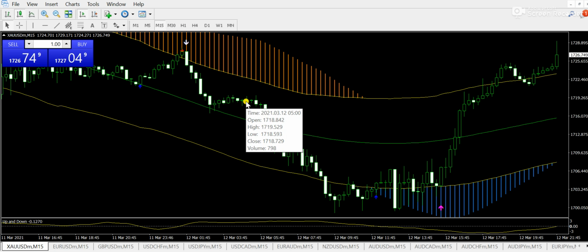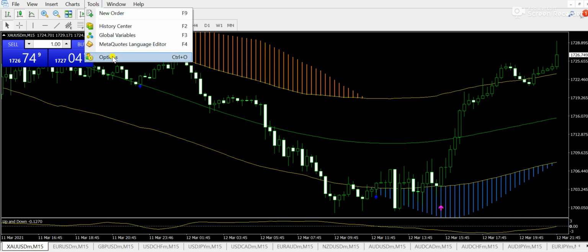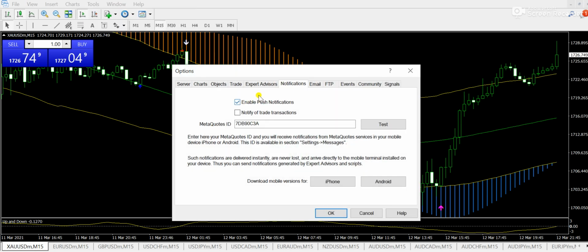Now let me tell you how you can also get the signals on your mobile phone. Make sure that MetaTrader 4 is installed on your mobile phone, and then go to your laptop or computer MetaTrader 4, go to Tools and then Options. In Options, you can see a Notifications tab. Inside the Notifications tab, click on enable push notifications and then write the MetaQuotes ID here.